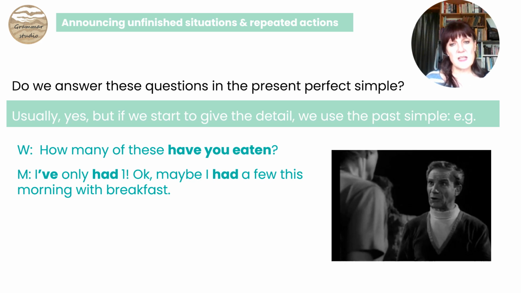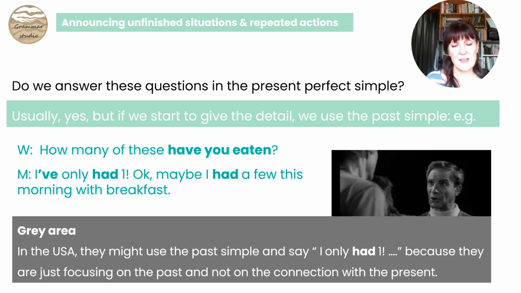Okay, maybe I had a few this morning with breakfast. Well, in the grey area, there's always a grey area, and I deal with this in a separate video also. But in the grey area, in America, they might just say, "I only had one," not "I've only had one," because they're only focusing on the past when they say that, and not on the connection with the present.